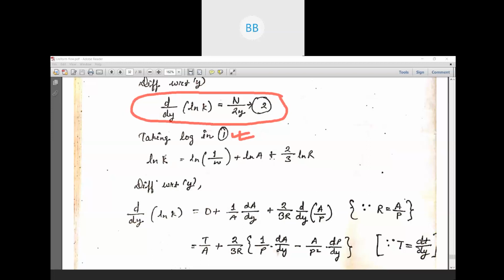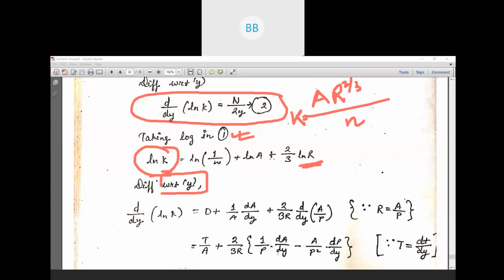So again you take the logarithm of the first equation, K equal to A R to the power 2 by 3 by n. So here again it will be log e K is equal to log e 1 by n plus log A plus 2 by 3 log e R. Then again we have to differentiate with respect to y.